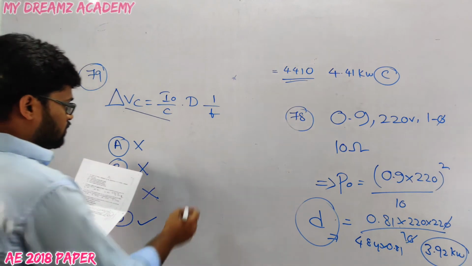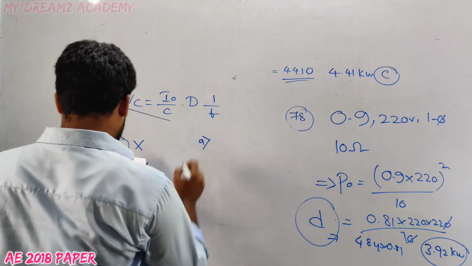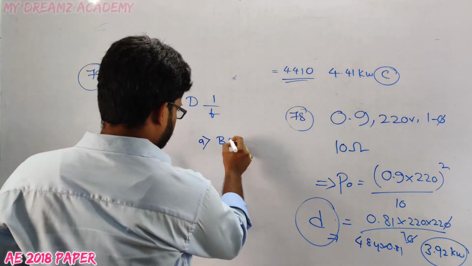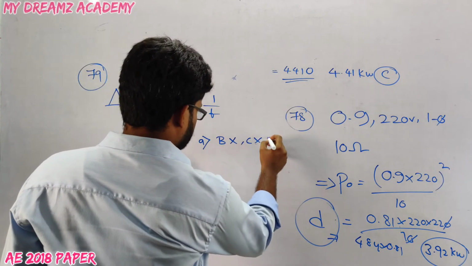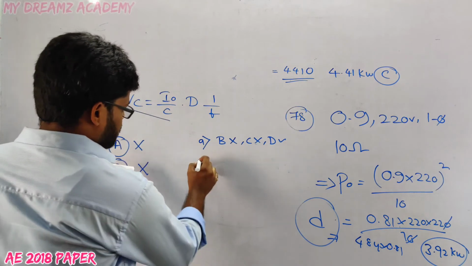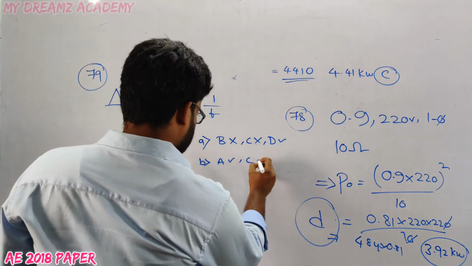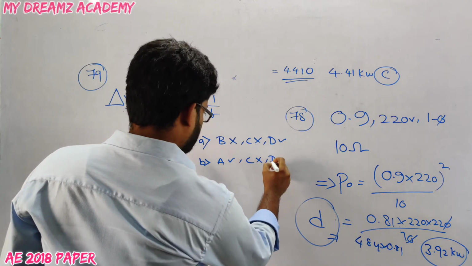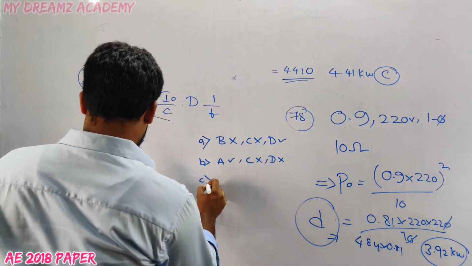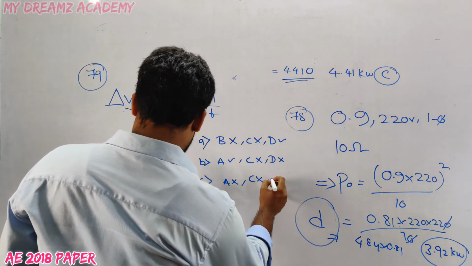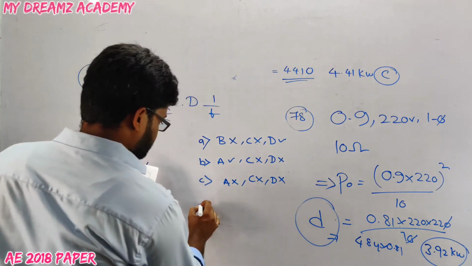So now I will read the combinations. Option A: B false, C false, D correct. Next, option B: A true, C false, D false. Option C: A false, C false, D false.